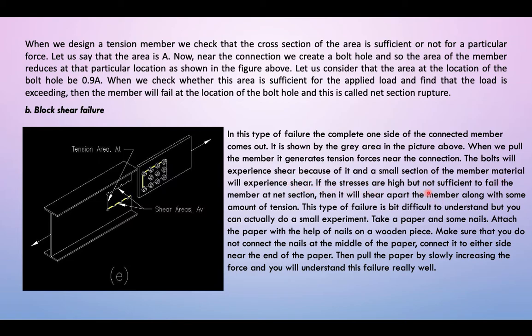If the stresses are high but not sufficient to fail the member at the section, they will shear apart the member against some amount of tension. This is the block shear failure shown in the figure, where the connected member comes out, dividing into parts.